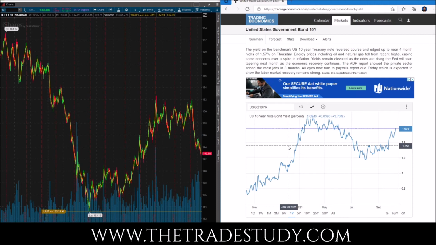Another good thing about knowing this and using it to your advantage for investing or trading is the normal relationship between stocks and bonds. If you know what the bonds are doing, you have a pretty good idea what the stocks are going to be doing.